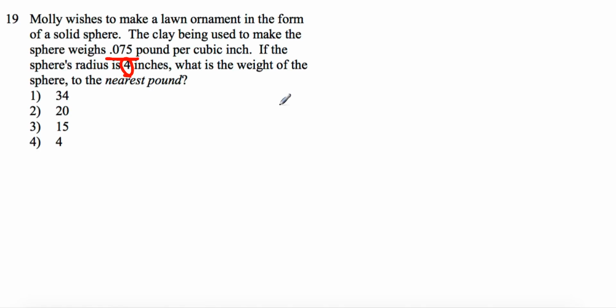So we are looking at the volume of the sphere, which is 4 over 3 pi r cubed, which is 4 cubed. After that, we just have to multiply by 0.075.